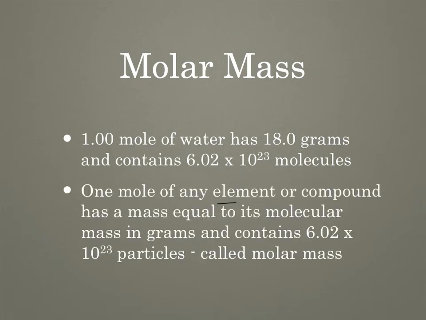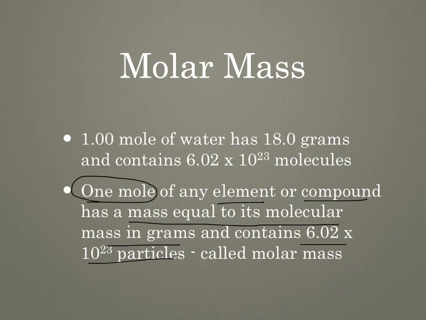So 1 mole of any element or compound has a mass equal to its molecular mass in grams, and contains 6.02 times 10 to the 23rd particles. So if I have a mole of calcium atoms that we were just talking about, you would have 40.08 grams of calcium atoms, and you would have 6.02 times 10 to the 23rd calcium atoms.